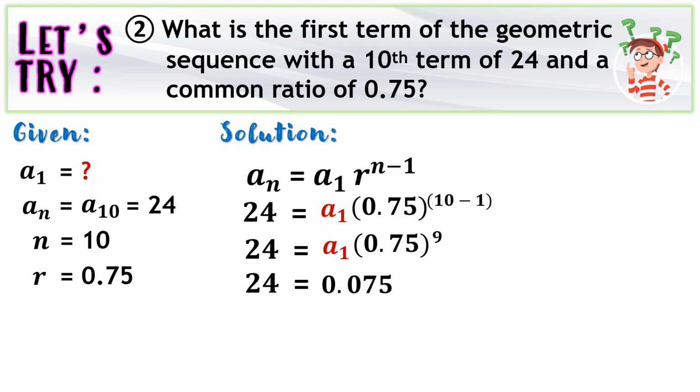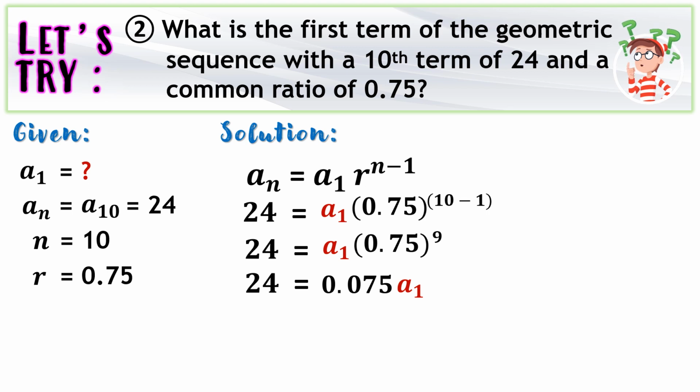Gagamit tayo ng 3 decimal places para mas malapit siya sa sagot or kaya maliit lang ang discrepancy. So, ang sagot dito sa 0.75 raised to 9 ay 0.075. And then, that is times a sub 1.